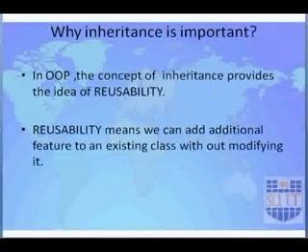Importantly, in object-oriented programming, the concept of inheritance provides the idea of reusability. Reusability means we can add additional features to an existing class without modifying it. This is a good advantage for programming. This is possible by deriving a new class from an existing one.